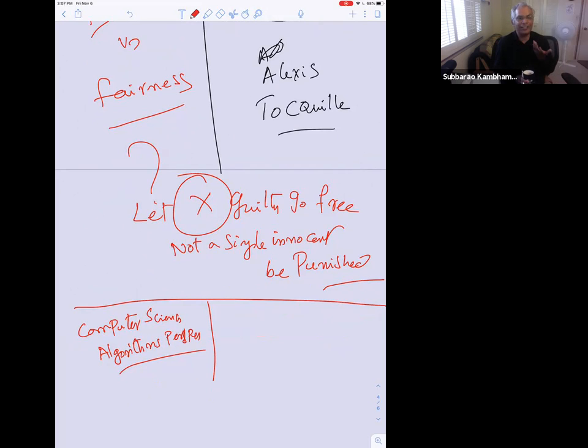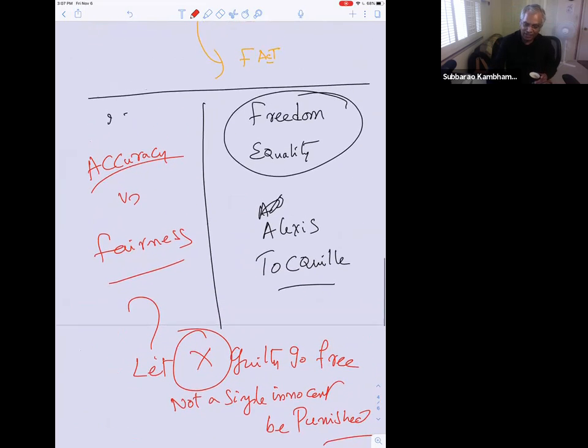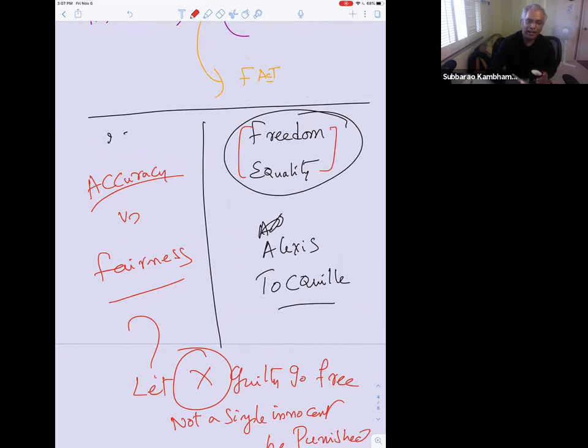This is what we would like to believe in, right? It's actually theoretically impossible for reasonable definitions of fairness and accuracy. So there are some theoretical impossibilities, just as it's not actually clear how to get full freedom and full equality at the same time in a society. If you figure it out, you can basically get a Nobel Prize, because nobody has figured out how to get both freedom and equality at the same time.